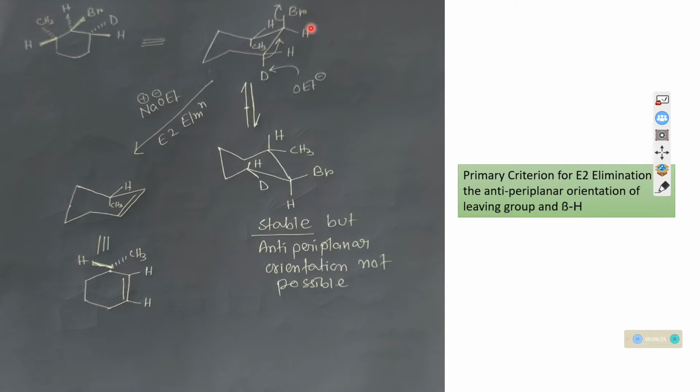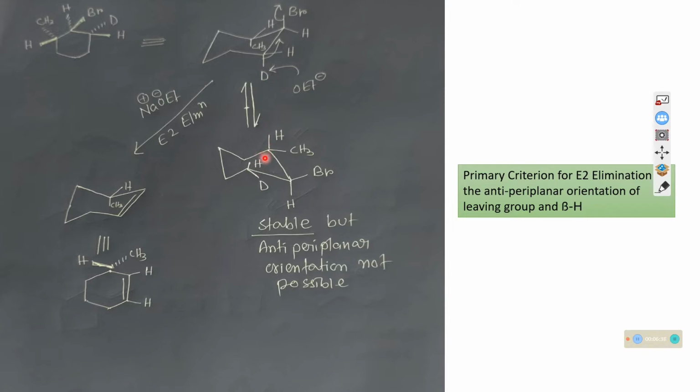In equilibrium condition, the percentage of this conformer is very low. Still, for elimination to occur, this compound should be transformed into this conformer so that the bromine group and that beta deuterium rest in an anti-periplanar orientation so that elimination can take place.